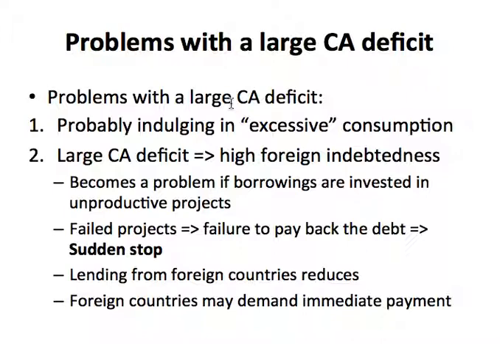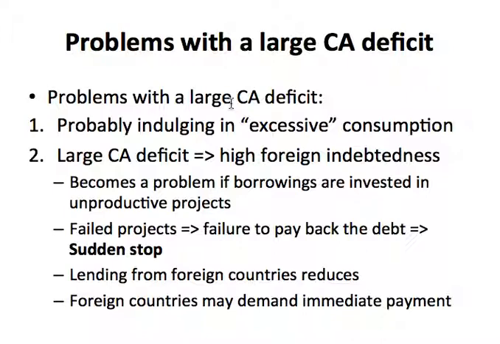Now, oftentimes we borrow this money from foreign investors to invest in domestic projects, but if these domestic projects turn out to be unproductive projects, then because of these failed projects, it will be difficult for us to pay back the debt, and that will lead to what we call a sudden stop. A sudden stop basically involves two things.